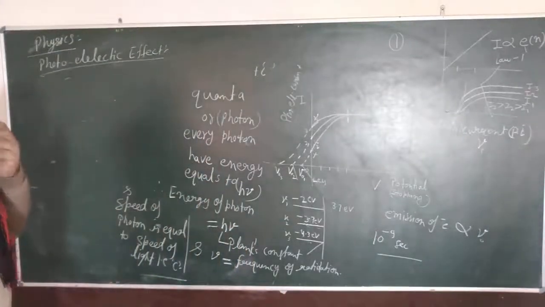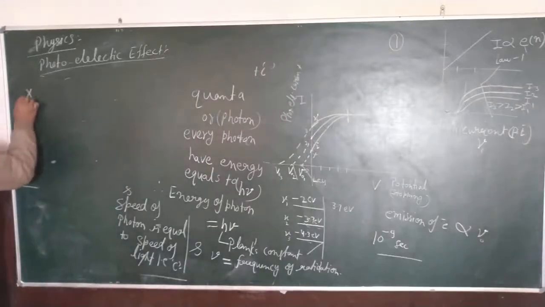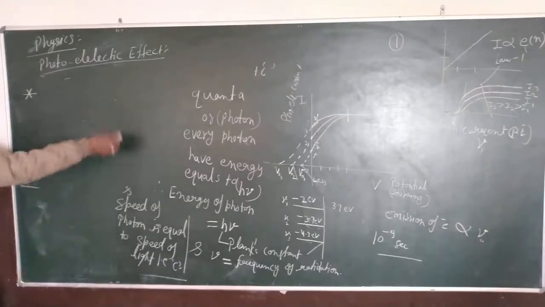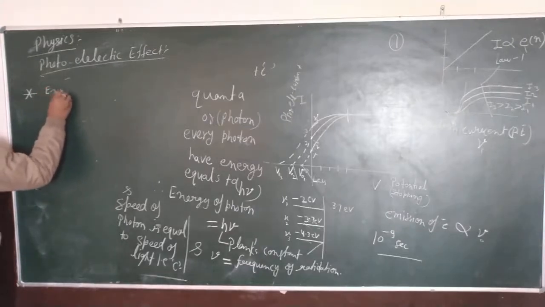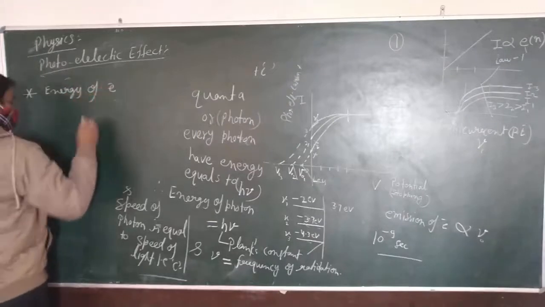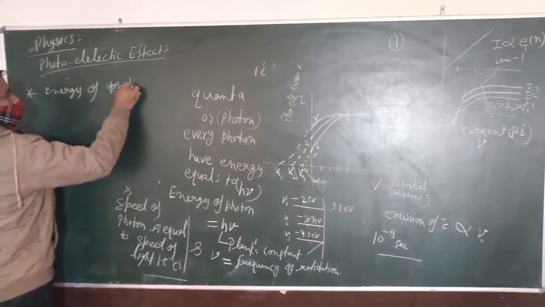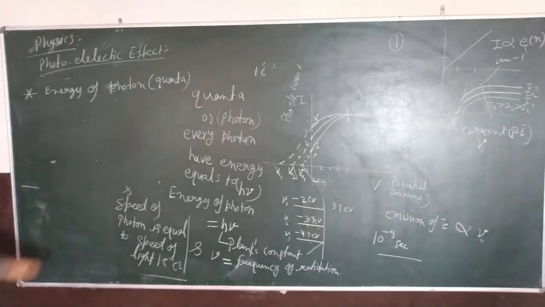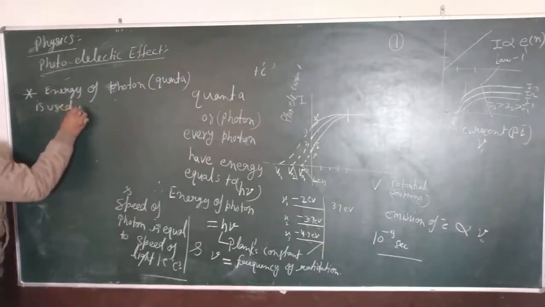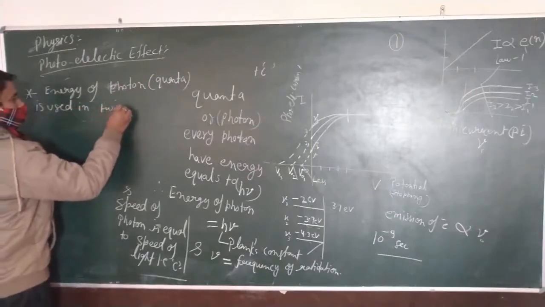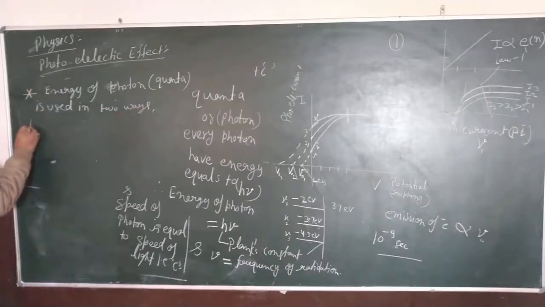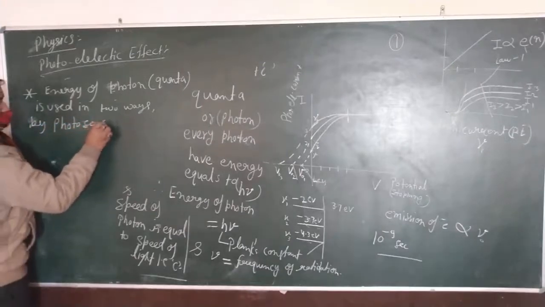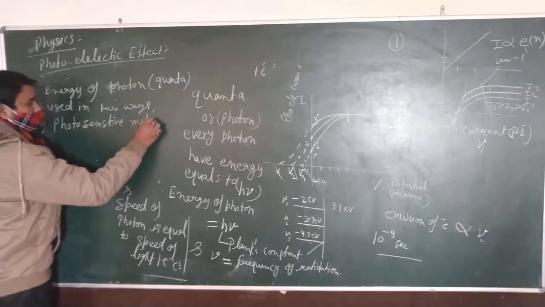According to Einstein, the energy of a photon, or quanta, is used in two ways by the photosensitive metal.